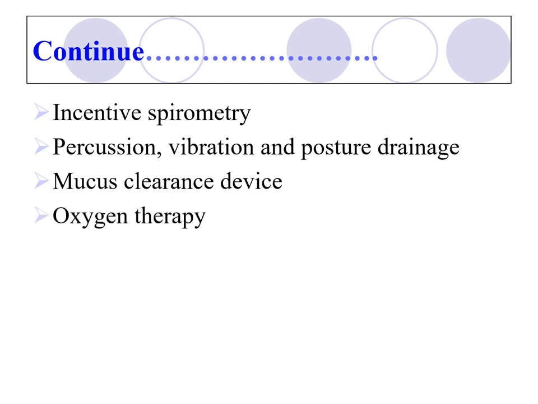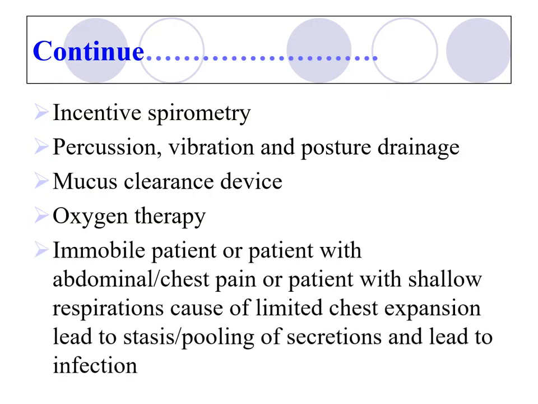Oxygen therapy can be used to maintain an adequate amount of oxygen to the lung. An immobile patient, or a patient with abdominal or chest pain or shallow respiration, has limitation of chest expansion, which leads to stasis and pooling of secretion and leads to infection.